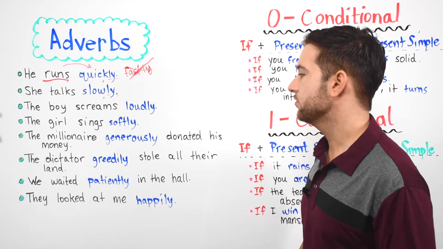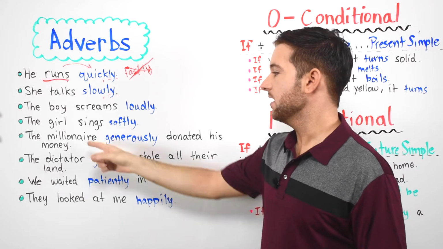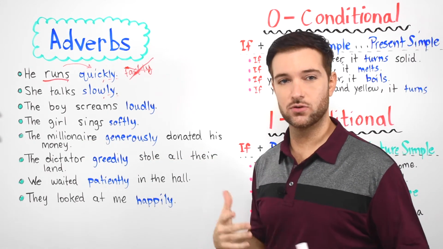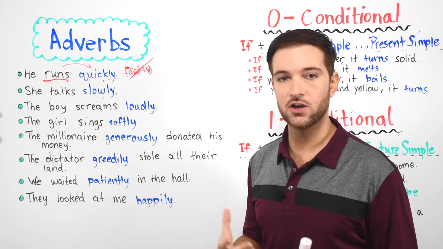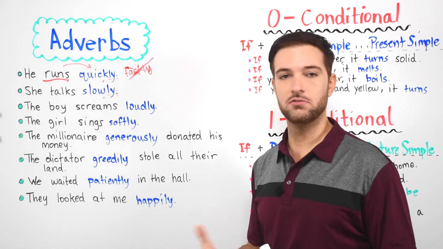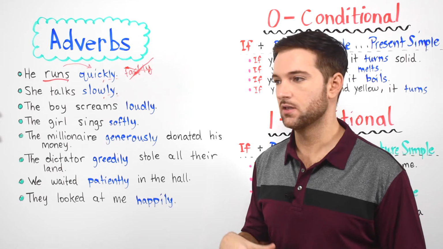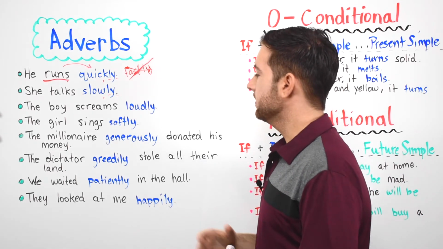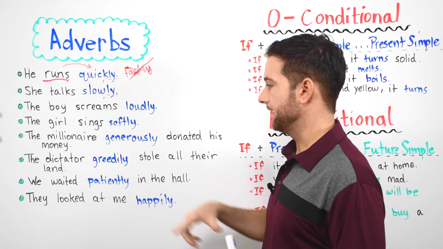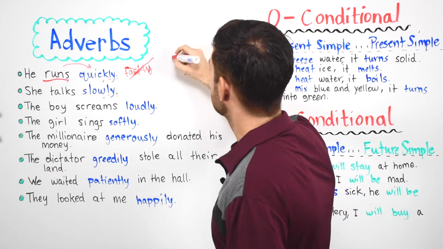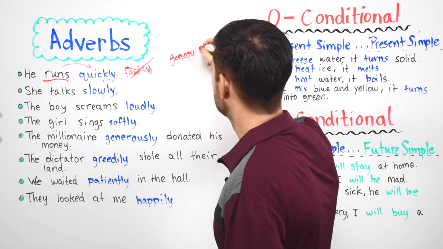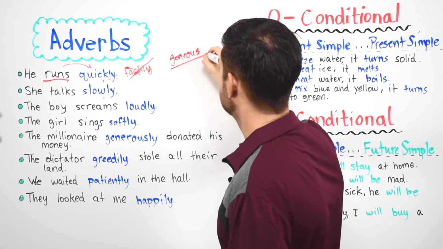The millionaire generously donated his money. A millionaire is a person who has more than $1 million, or 1 million of a currency, like 1 million euros, 1 million pesos, 1 million yuan. So the millionaire generously, coming from the word generous, which is an adjective.